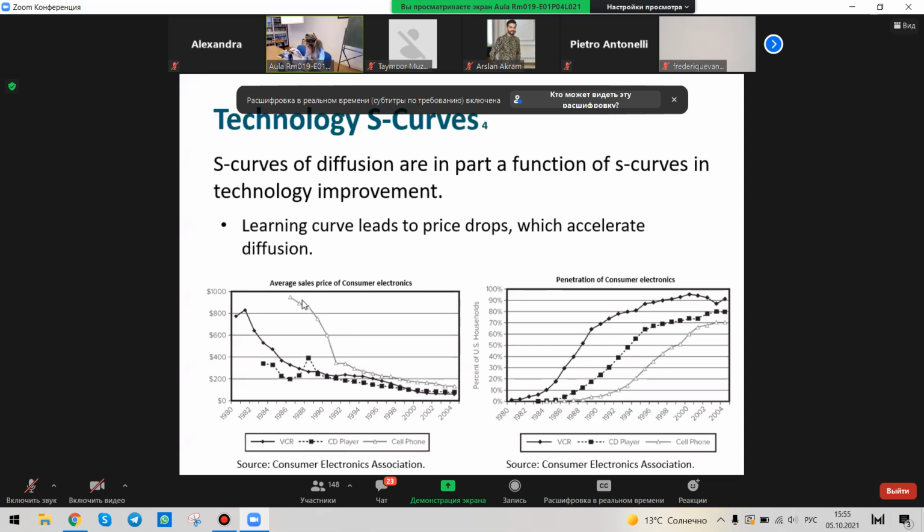This is the cell phones. And here we have the adoption rate. This means the penetration in the market by the consumer. So, of course, if we have a lower price, we will have a higher rate of penetration in the market.